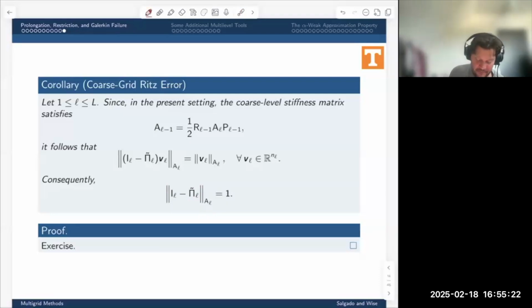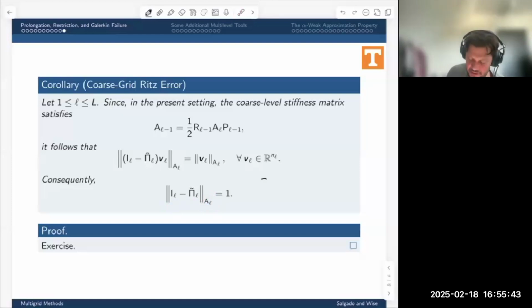How can we see this? I've said the proof here is an exercise, but we can do it fairly quickly. Remember, this norm is defined as an operator norm, an induced matrix norm.